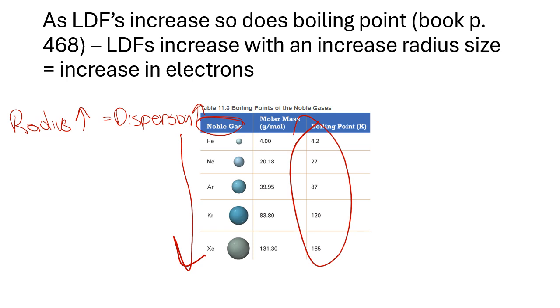The reason is that as we go down the periodic table, there are more electrons, the radius is larger, and the dispersion forces increase. Hence, there's more chance that electrons are going to be in a polar position to be attracted to the protons of the other compound. So if that didn't make sense, replay that because it's an important concept.